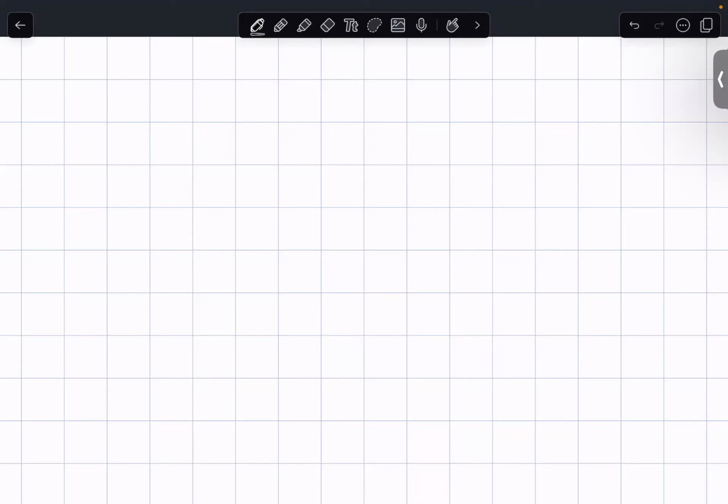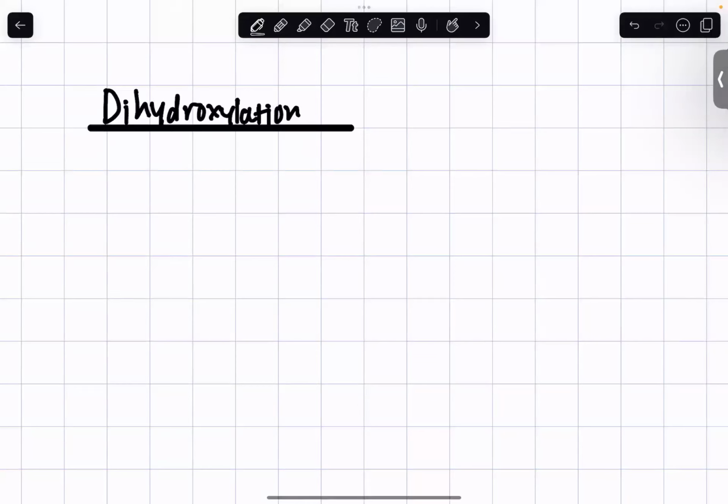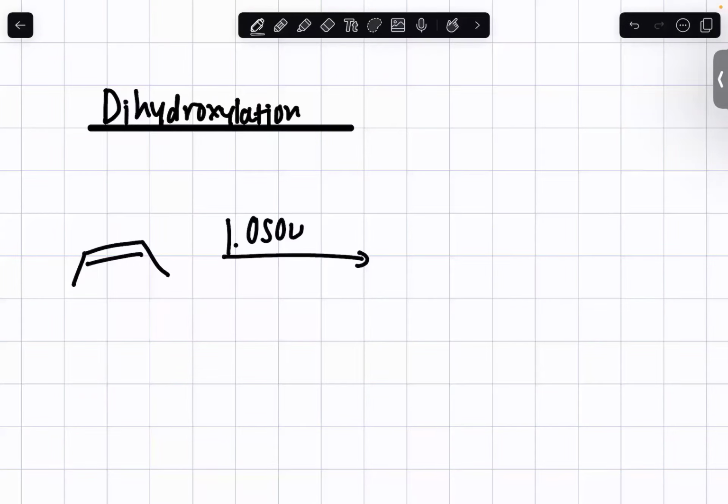So dihydroxylation is going to be the reagent with OsO4, right? The one that adds two alcohols on the same side. So the general reaction for that is, let's say we have an alkene like that, and we put that through osmium tetroxide, OsO4.